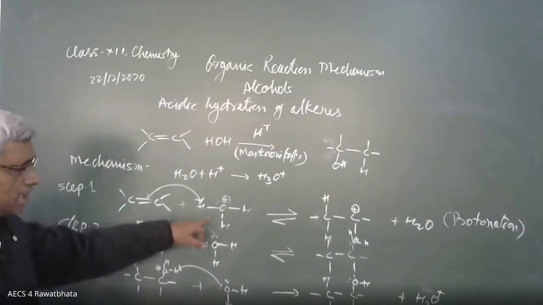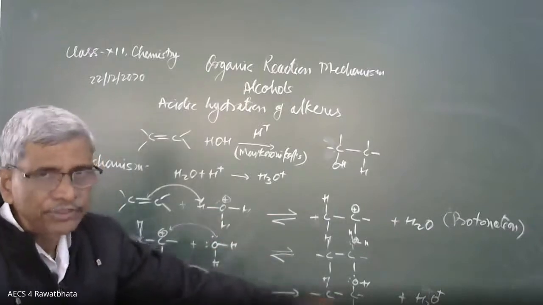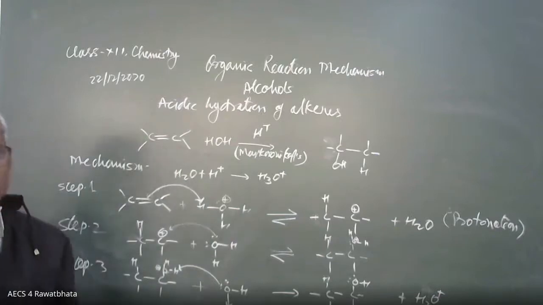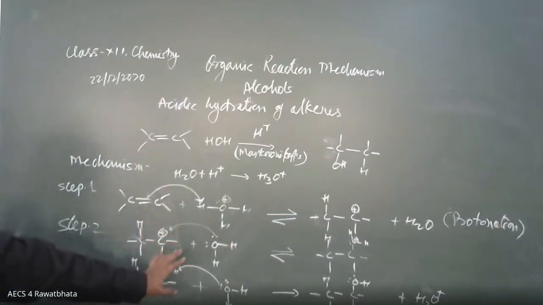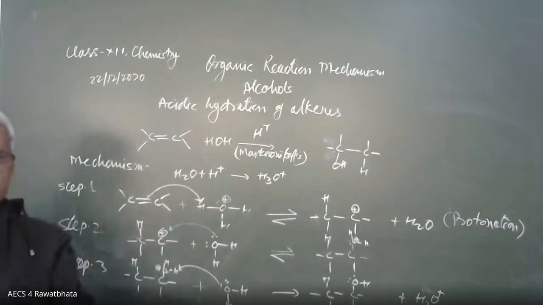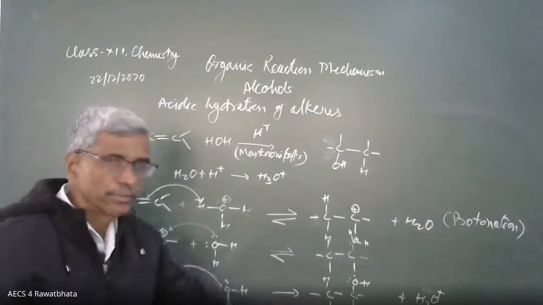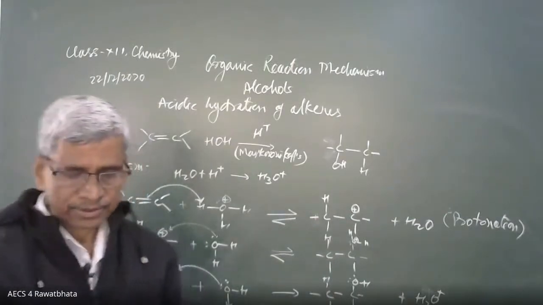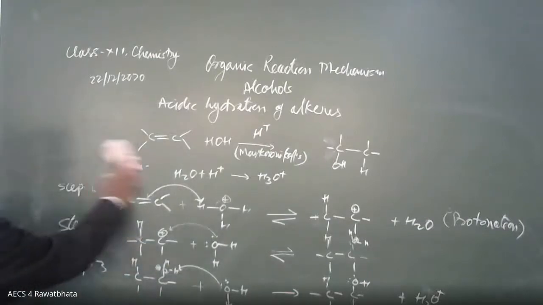Once at the beginning H3O is involved in the reaction, and finally H3O becomes free. There is no difficulty, no problem. This addition takes place according to Markovnikov's rule. OH joins to that carbon which has less number of hydrogen. Okay, beta? So this is the acidic hydration. It's reverse.